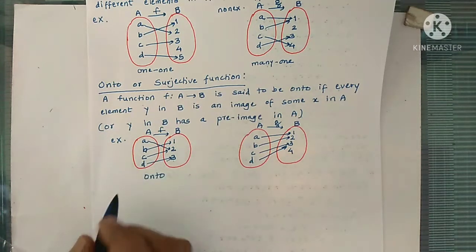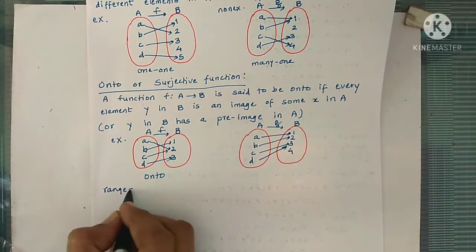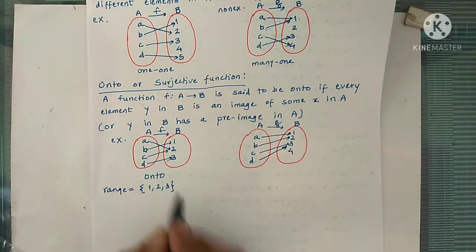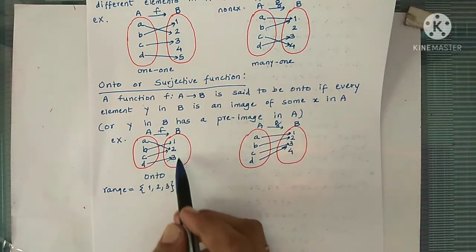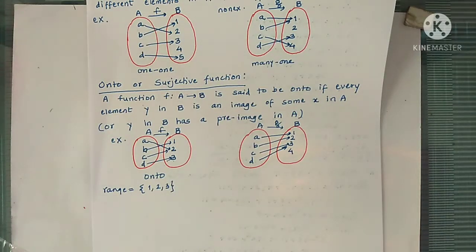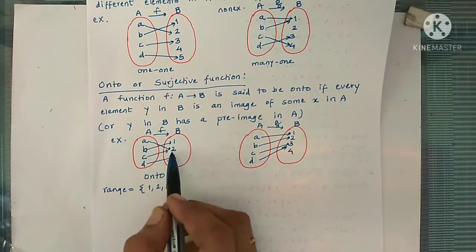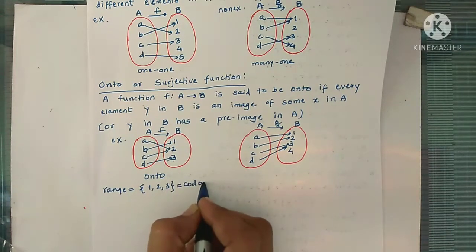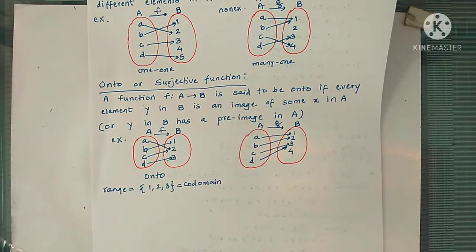In an onto function, the range is 1, 2, 3. Range is the set of elements having an arrow. So this is 1, 2, 3, and the codomain is B, which is also 1, 2, 3. So range and codomain are both the same. If range and codomain are the same, then that function is known as an onto function.